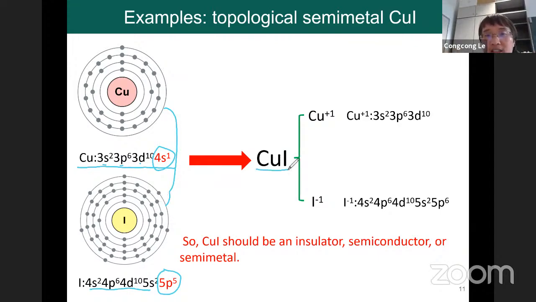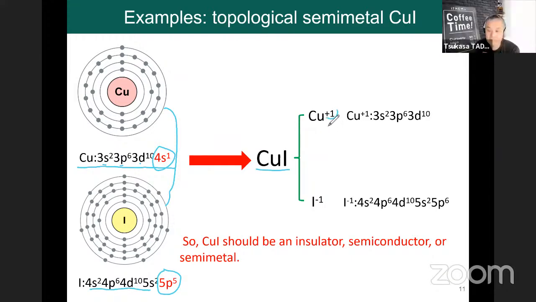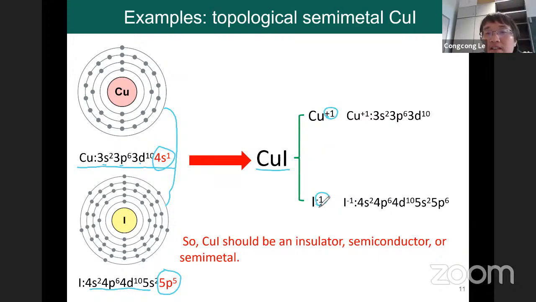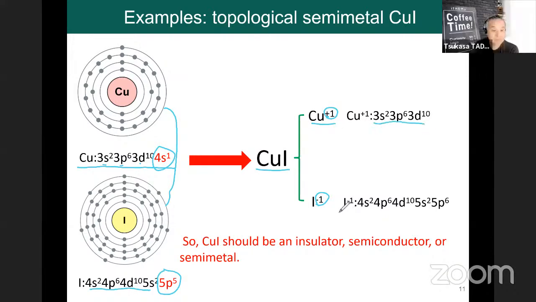We can get that the copper valence is +1 and the iodine valence is -1. Then the copper +1 electron configuration is like this, and the iodine -1 configuration like this.